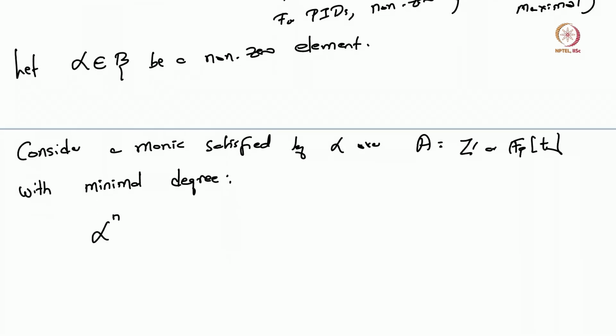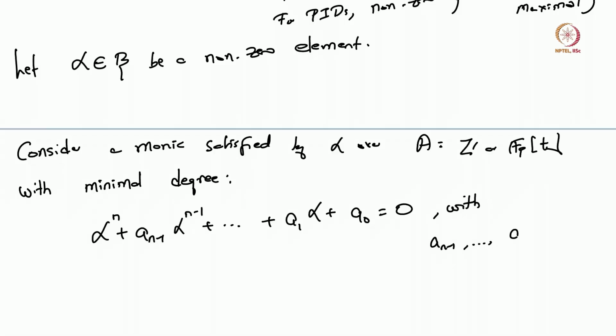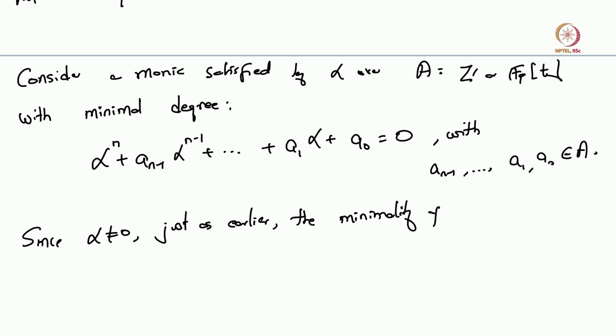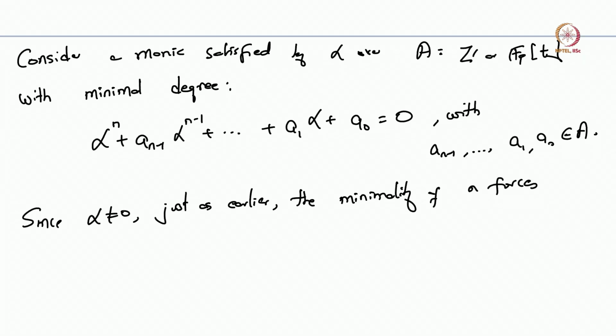So you have alpha to the n plus a_{n-1} alpha to the n minus 1 and so on, plus a1 alpha plus a naught equals 0, where these a_i's, a1, a naught, are all in A, and since alpha is not 0, just as earlier, the minimality of n forces the constant term a naught to be not 0.